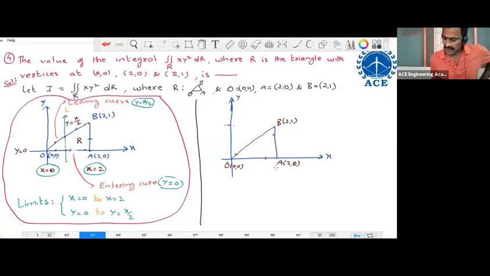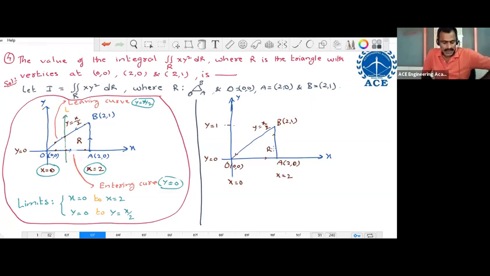The equation of this line is x equal to 2. The equation of this is y equal to 0, and this height is 1. So y equal to 1 is this height. And the equation of this line segment is y equal to x by 2 only. Up to here, drawing the region is completed only.